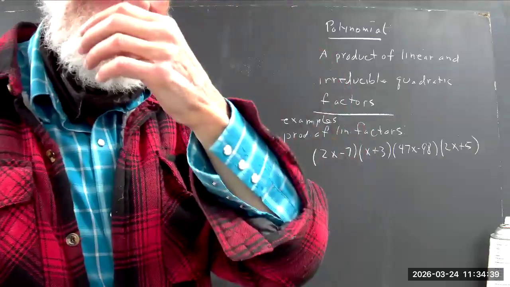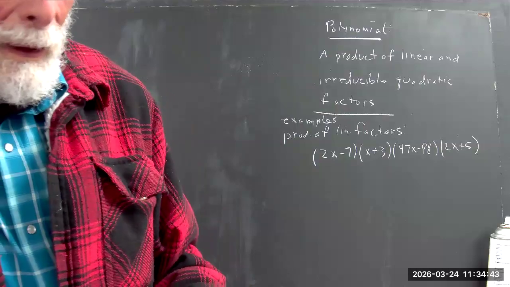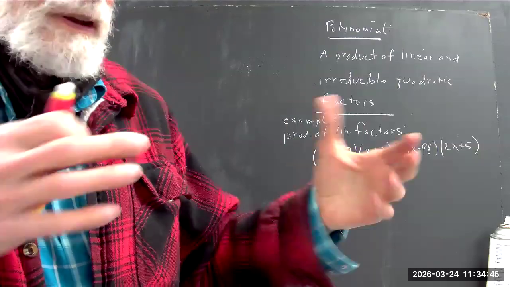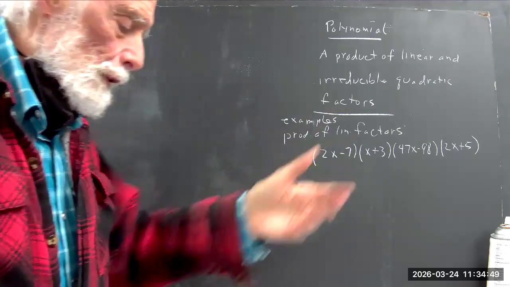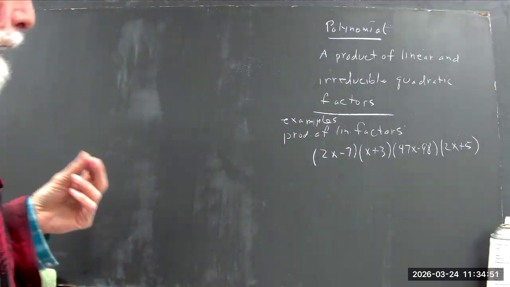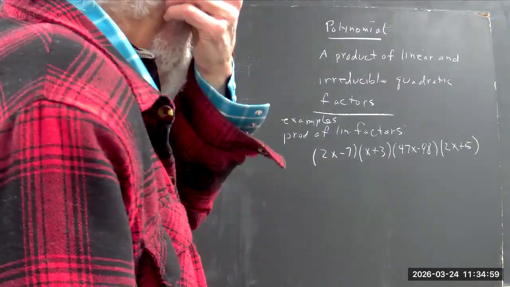Okay? And you've got to know what those power functions look like and how they behave. I saw some fairly good work on power functions in the homework, so we're going to talk more about that. Okay, so that's a product of linear factors.